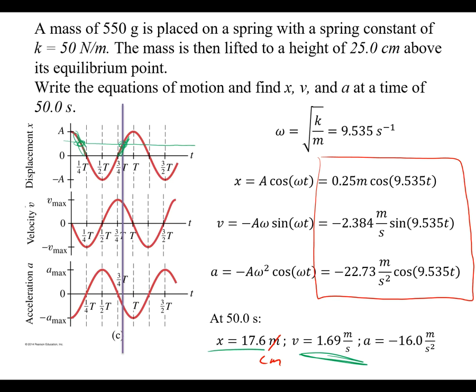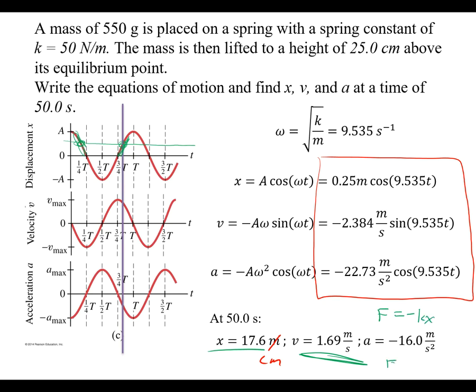So it's this stage of the cycle. Your position is at 17.6 centimeters, and at 50 seconds, it is currently rising and moving upward. And the downward acceleration, what's with the downward acceleration? Well, remember that if your spring is going up, that means it's compressed. So you have a force, which is negative kx, opposite the direction of position.